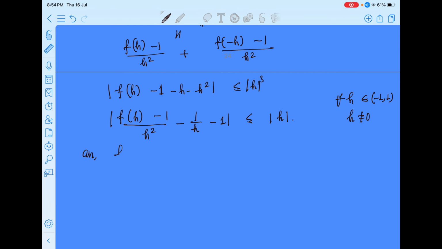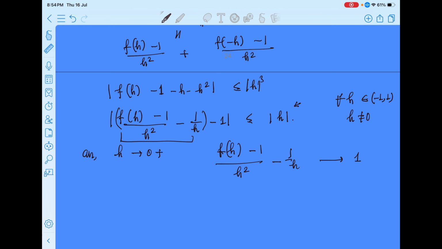As h tends to 0 plus, this (f(h) - 1)/h squared minus 1/h tends to 1, because the difference between them tends to 0, because h tends to 0.